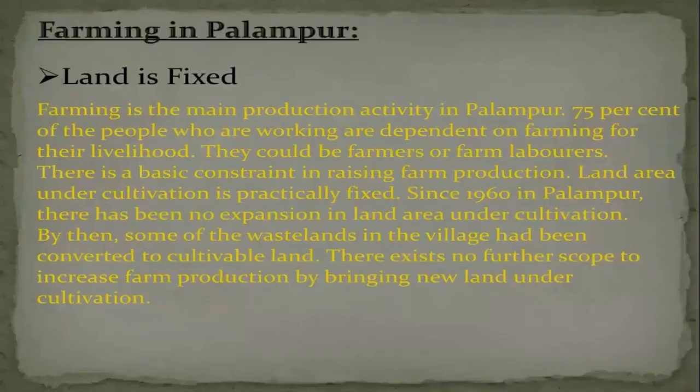So last class we all saw the factors of production. Now, if you look at the land in Palampur, we know that land is fixed. Farming is the main production activity in Palampur, and 75% of the people are dependent on farming for their livelihood.